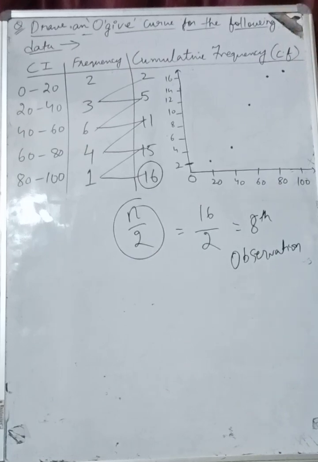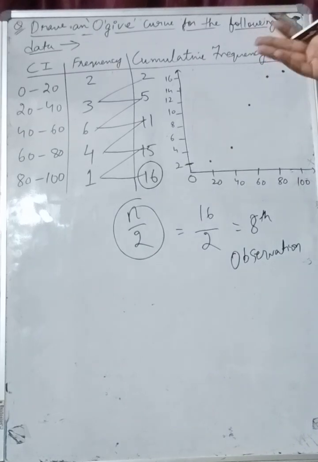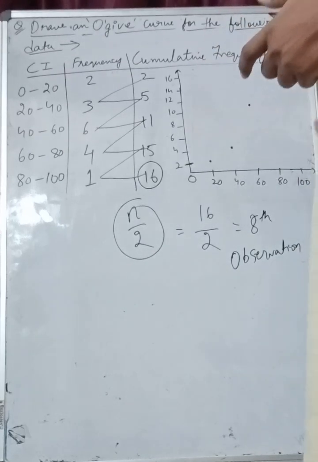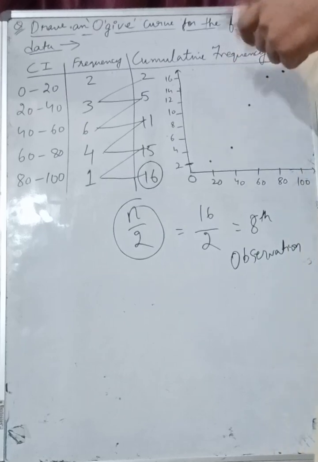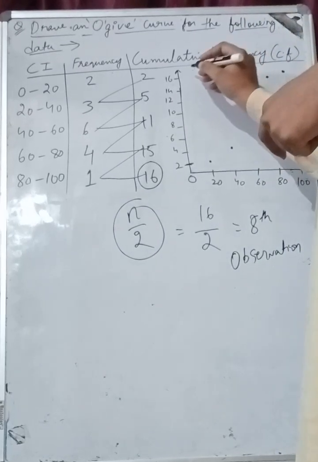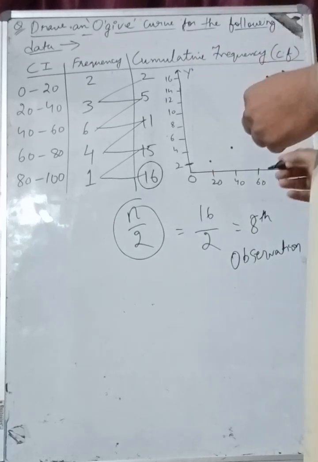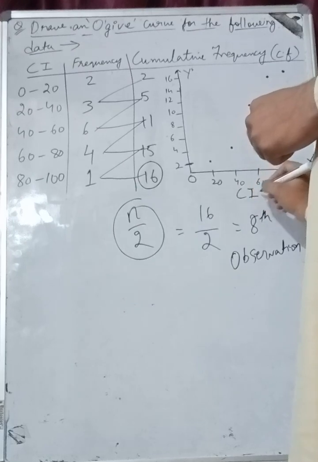How? Let's see. For this, you have to use your graph copy, of course, and make the x-axis and y-axis accordingly. This is the x-axis and this is the y-axis. On the x-axis, you have to take the class interval.